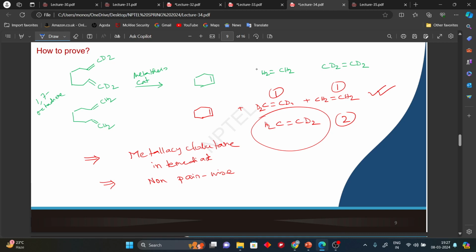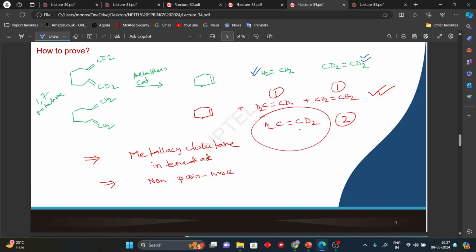What they have seen is the generation of a particular H2 unit and these two different units.